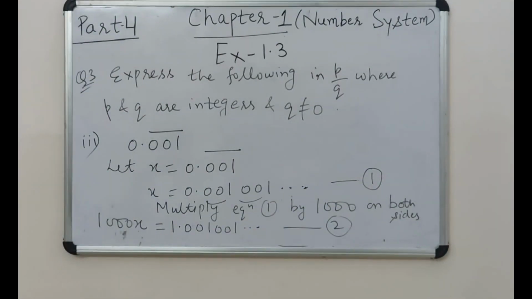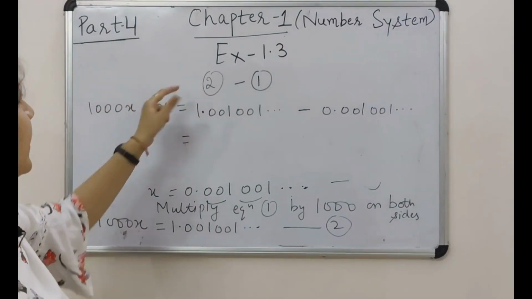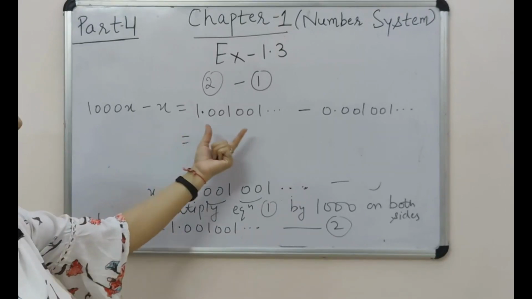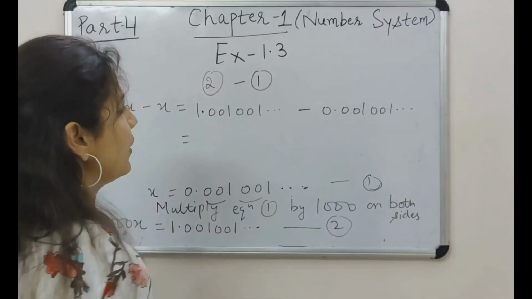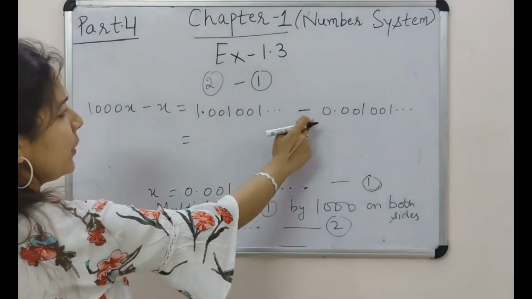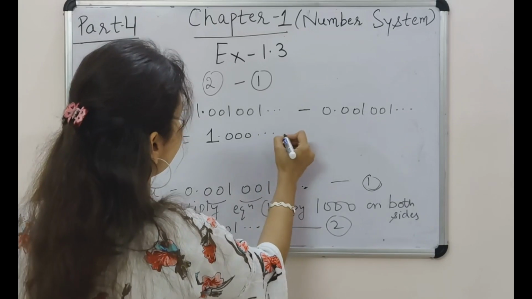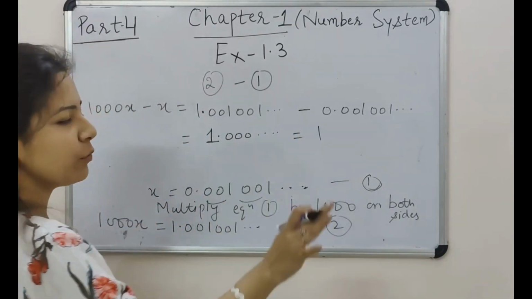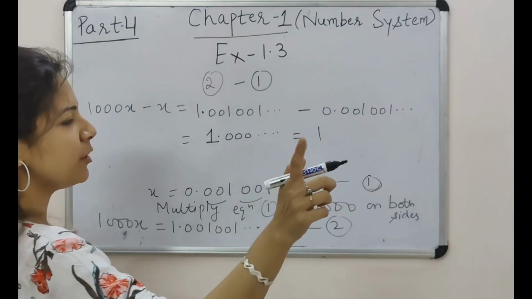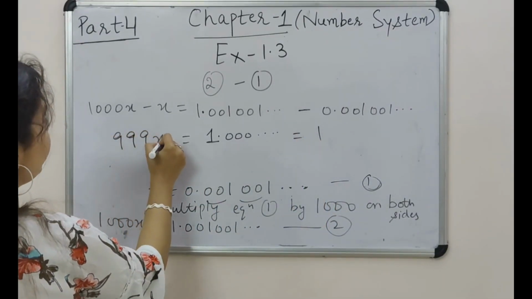Let's do it. Clearly, when I am doing equation 2 minus 1, on left hand side I have 1000x minus x, and on right hand side I have this minus this. This was my equation 1, right? After doing the subtraction, I am getting value 1 on right hand side. I told you after decimal the zeros have no value, which means I am getting absolute 1. And this side I am going to have 999x.